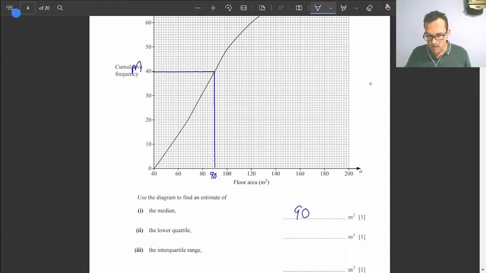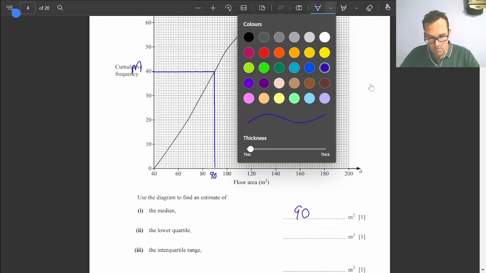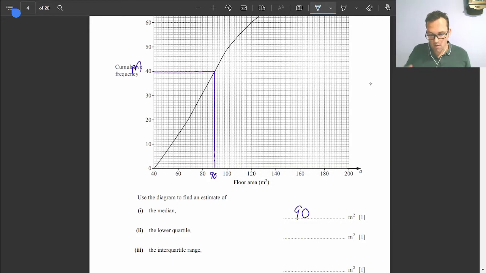Now the lower quartile is the bottom half of the bottom half, or 80 divided by 4, which is 20, or half of 40 is 20. Either way, the lower quartile will be over here. So again, ruler and pencil, draw a line till you meet the graph, go down straight and look carefully at the values.